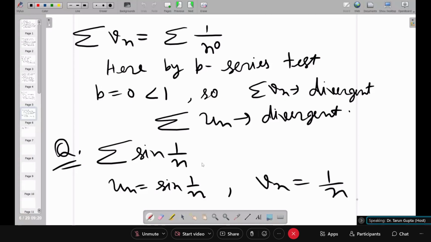So if you apply the first part, then you can take any vn, and the answer will be the same, either convergent or divergent. For any vn, if the limit is non-zero and finite, then both have the same behavior: vn convergent, then un is convergent; vn divergent, then un is divergent. So this is finite and non-zero.